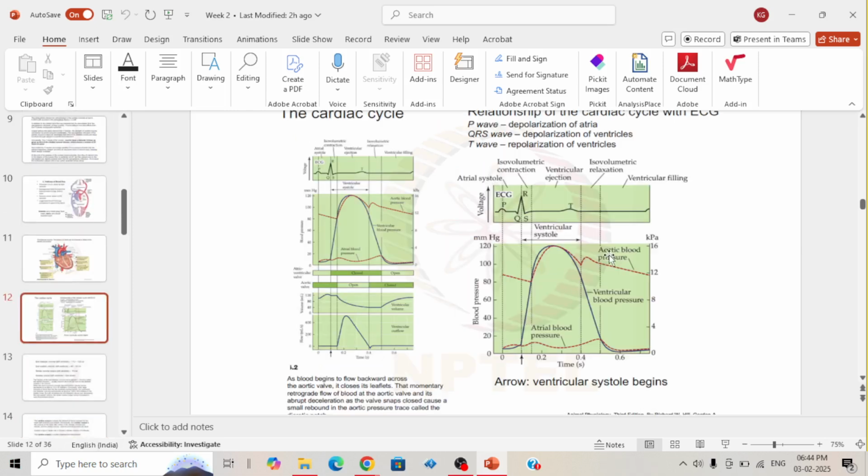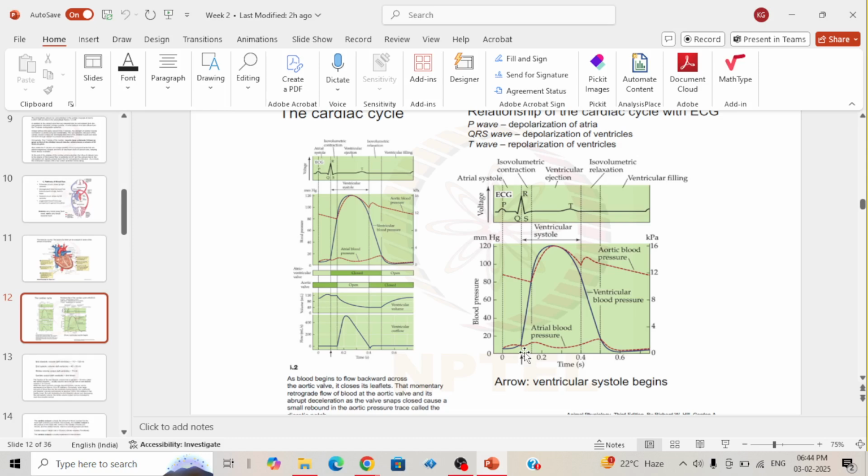Now, this is a very important image, guys. This is just to understand the change in pressures at different points in the heart. So, first we'll consider this for the left ventricle. Okay. So, what happens here is initially when the blood is collected inside the atrium.